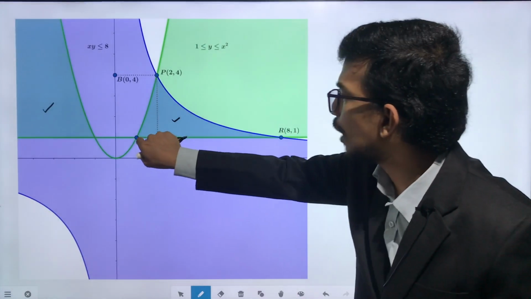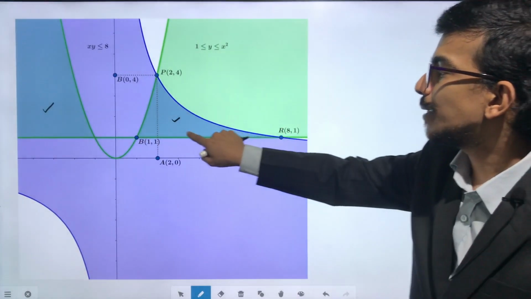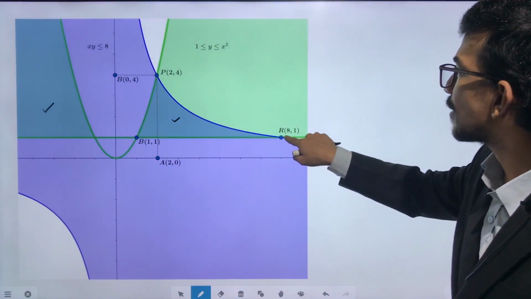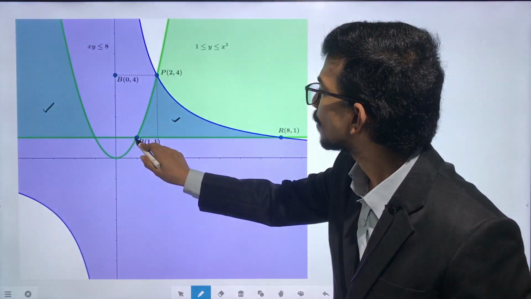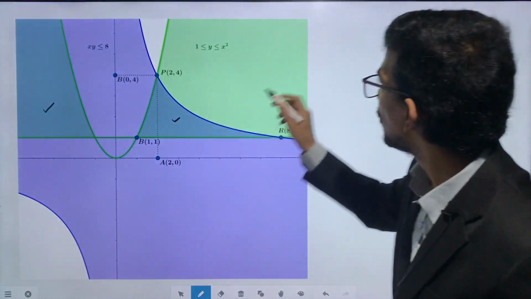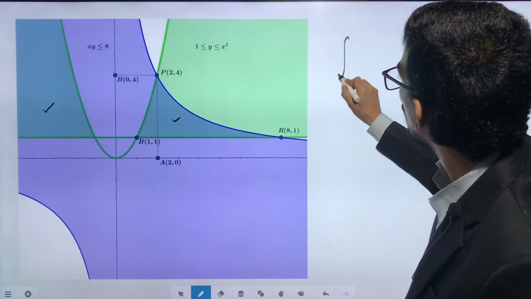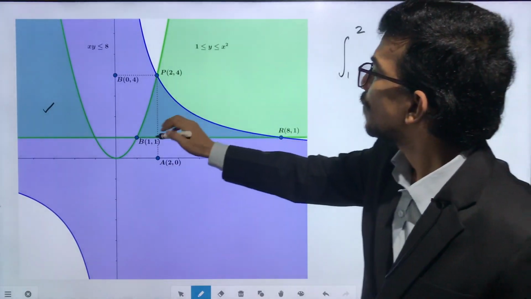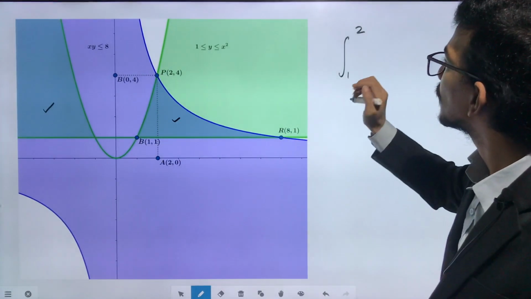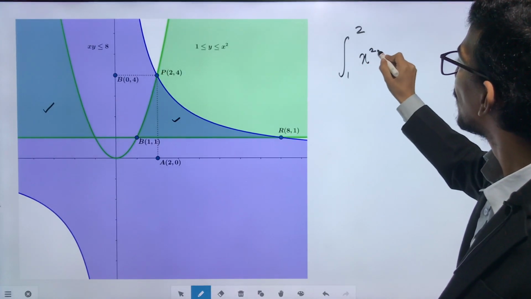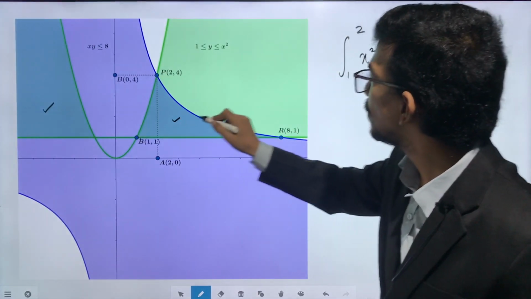When you are trying to integrate along x-axis from 1 to 2, this part is what we need to evaluate. So from 1 to 2, the first curve is the parabola, so that is x squared minus the second curve, which is 1.